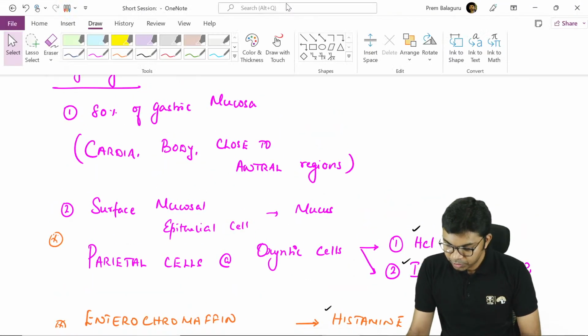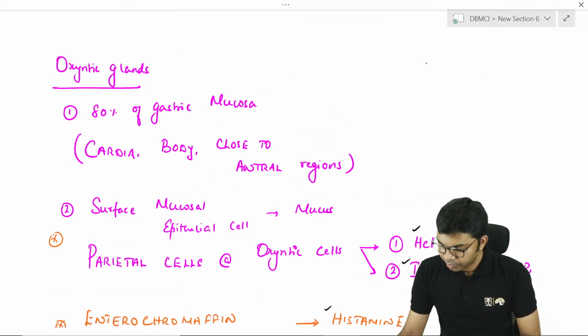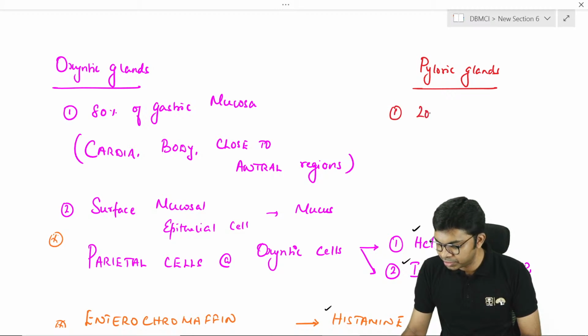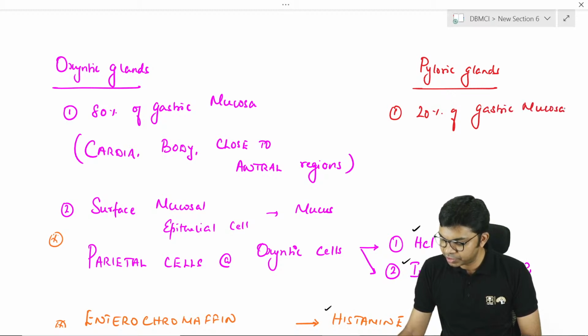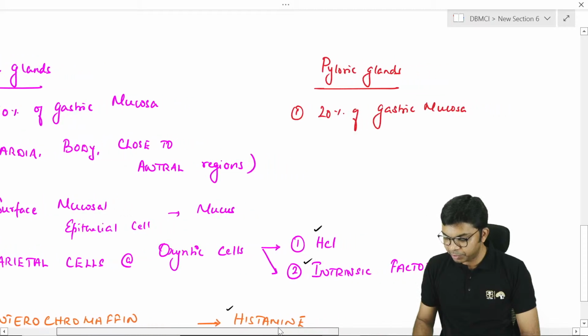Coming to pyloric glands. Pyloric glands are present in just 20% of gastric mucosa.